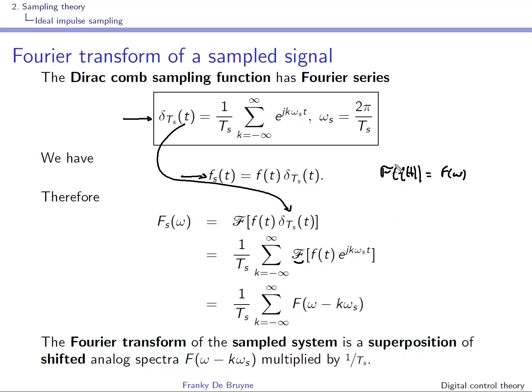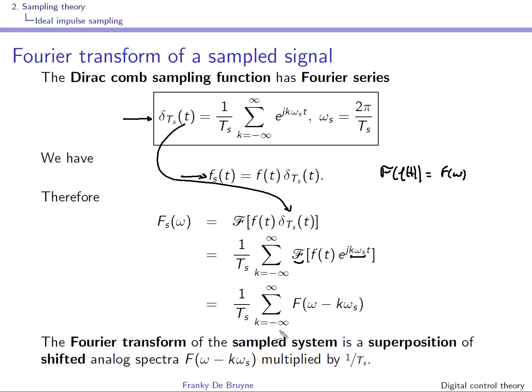You know the Fourier transform of f(t), it's F(omega). So by the frequency shifting property, you also know the Fourier transform of this signal multiplied by this exponential. In frequency you'll have a shift of k omega s. So what you see here is that the Fourier transform of the sampled signal is obtained from the Fourier transform of the original signal.